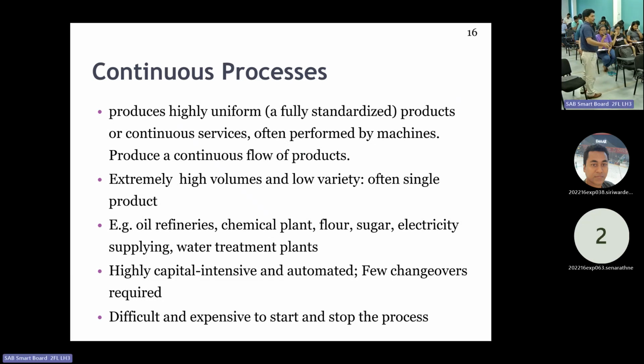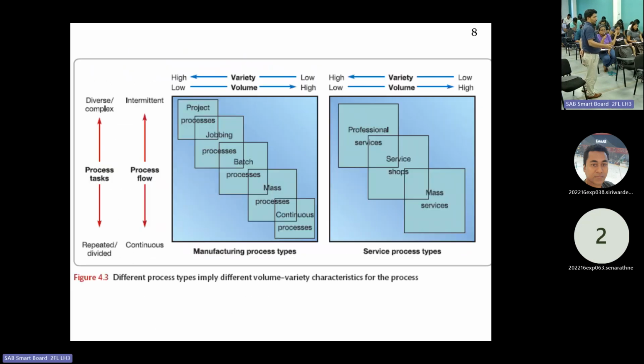So in manufacturing process types, we see materials being turned into finished goods. That is why we use this theoretical circle.